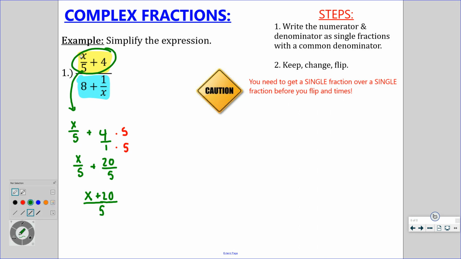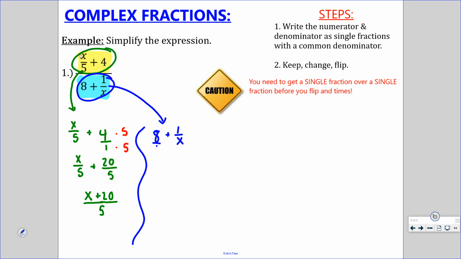Okay, now we're going to do the same with the denominator. So then I kind of do this. Like, okay, now I want to write the denominator. And if it helps you, you can kind of section it off like this. Now I need to make this as a single fraction. Again, if it helps, you can write 8 as 8 over 1. What's my LCD here? Just x. Yep. So again, pretty simple one. I only need to change this first fraction, times the top and bottom by x.